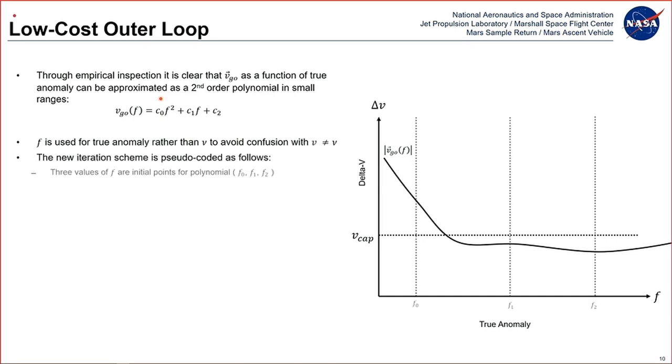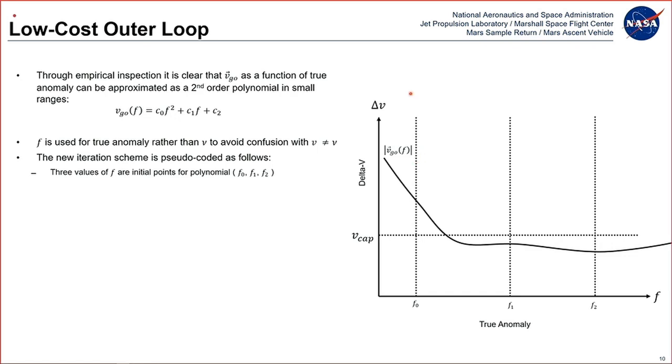So this is the new iteration scheme. To start, we prime with any three true anomaly values. We found that as long as your true anomaly values to start encompass the majority of ascent, it actually converges fairly smoothly. And yeah, we haven't seen a lot of issues where we have rapid runaway or divergence or anything in our true anomalies.